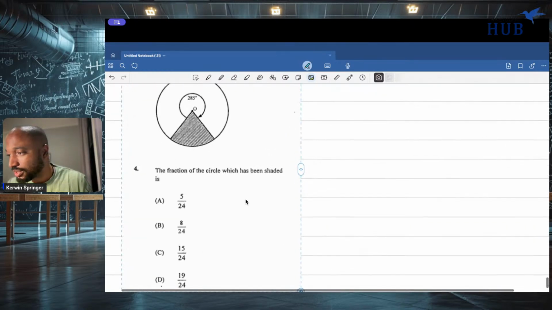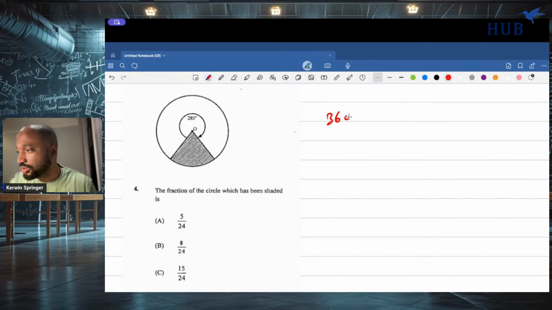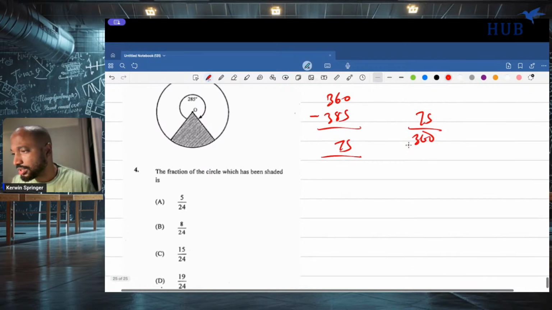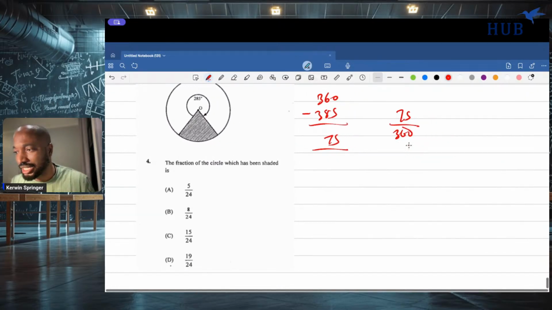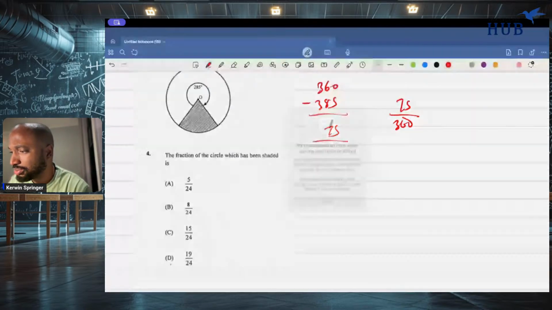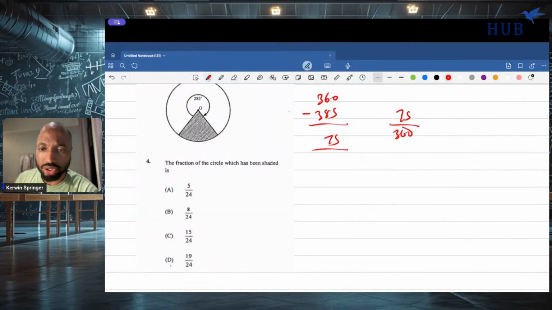The fraction of the circle which has been shaded, so we need to do a little subtraction here. 360 minus 285. Let's go back and add 15, 75. So 75 out of 360. I know there's a nice breakdown there. Break that down and see what we get. 75 can't go into 24 evenly, so it must be 5 out of 24.